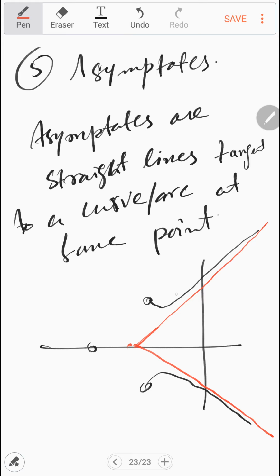The locus that started with something will follow the straight line, which is actually the asymptote, and the locus which started with this pole started in such a way that it will be tangent to the straight line, which is called the asymptote.